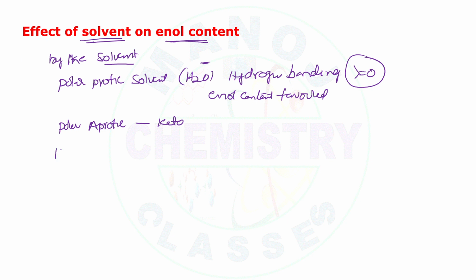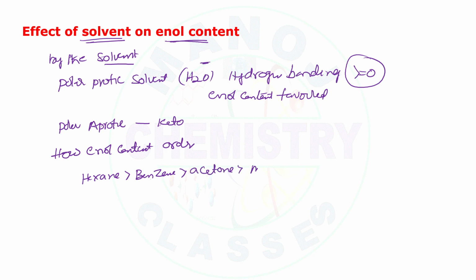So how will the enol content vary in different solvents? The order of the enol content is, for example, hexane, in which less enol is there, whereas in benzene somewhat more enol is there compared to hexane, then acetone, next methanol, and next water.